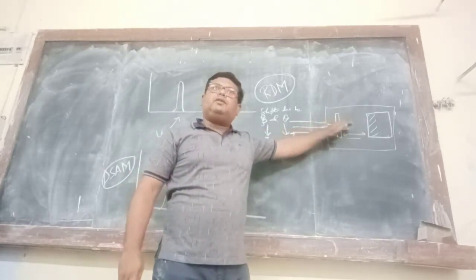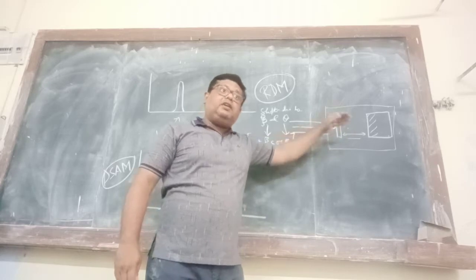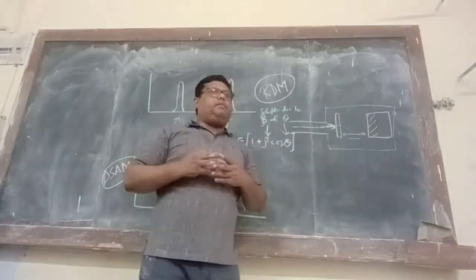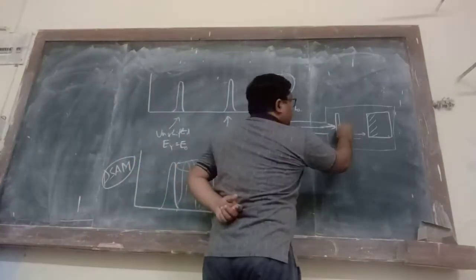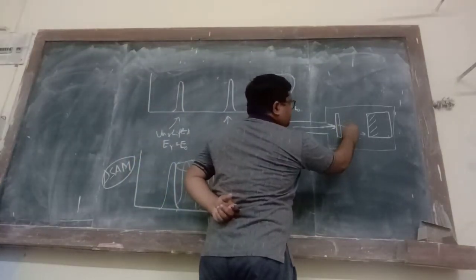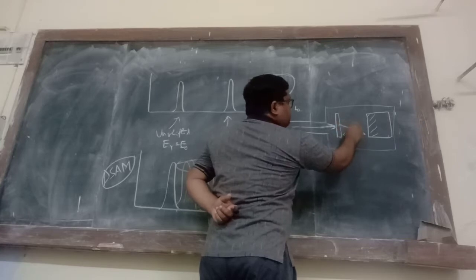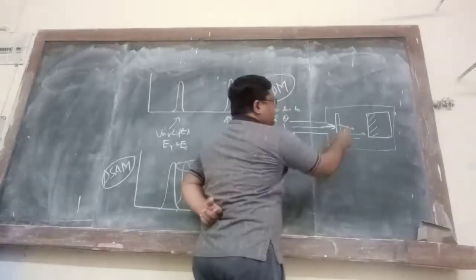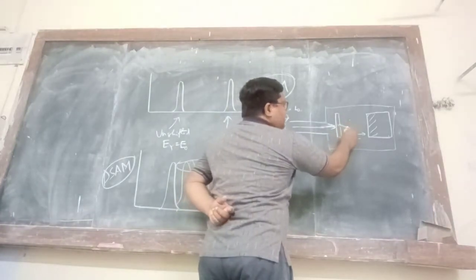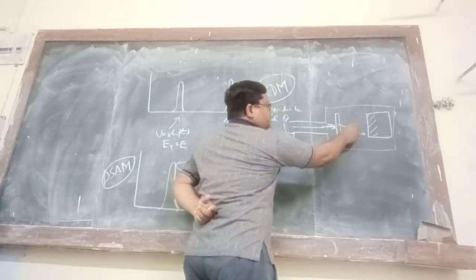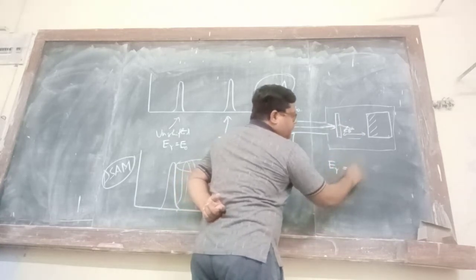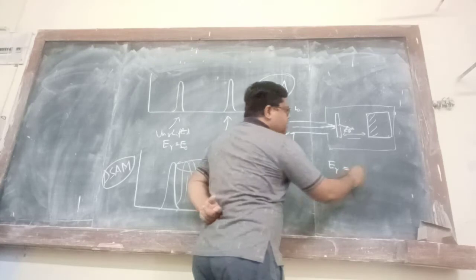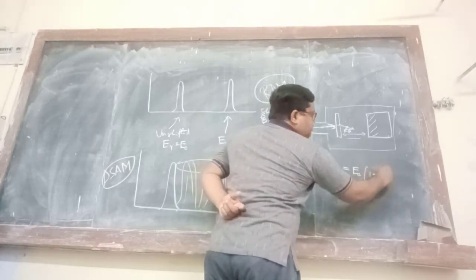Now, while moving at constant velocity, if the recoiling nuclei emit a gamma ray, what will happen? Suppose the recoiling nuclei is moving like this, and while moving it emits a gamma ray. Now if we observe this gamma ray at an angle theta from the recoiling nuclei, then the energy of this gamma ray will be E gamma equal to original energy E0 times (1 plus beta cos theta).